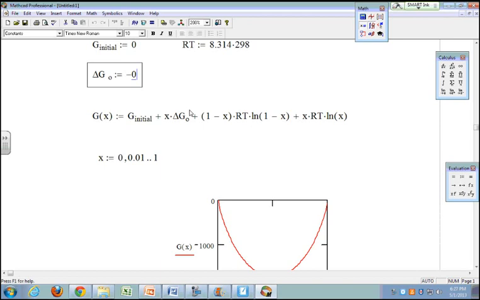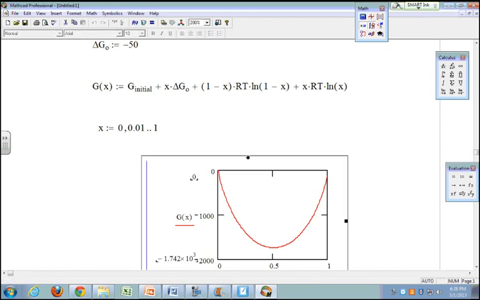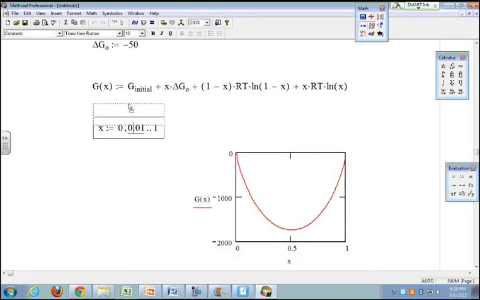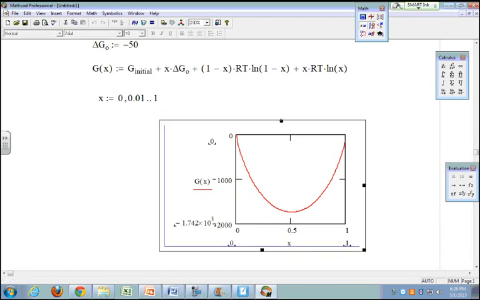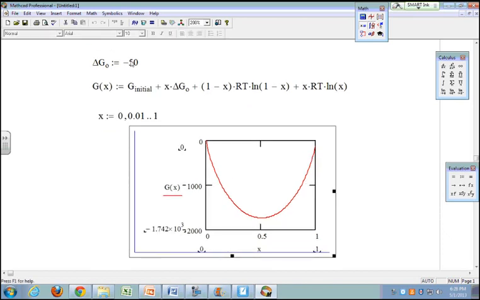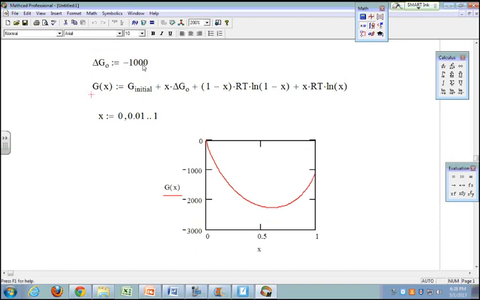So let's say I made that negative 50. Look at what happens. It's shifting to the right. Let's make that negative 100. Let's make that negative 1,000.